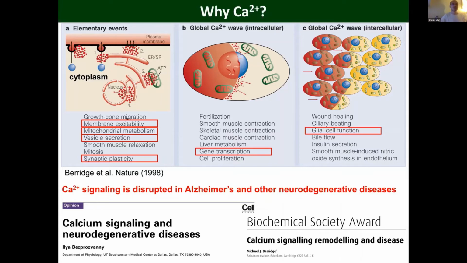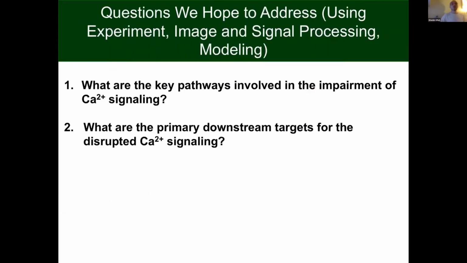And there is significant experimental and modeling literature supporting this hypothesis. So here are a couple of very influential views of that. So what are the questions that we are interested in? The experiment is coming from Angelo.